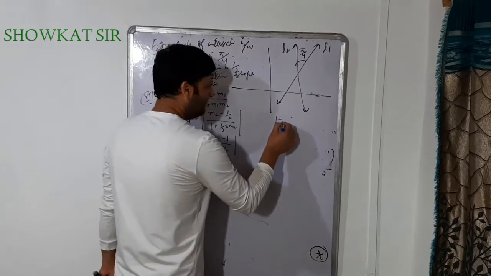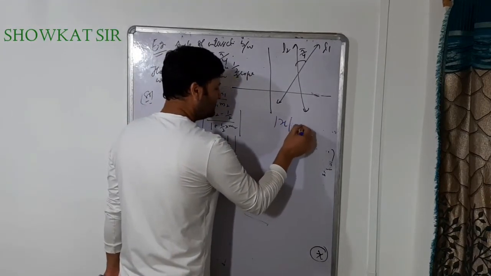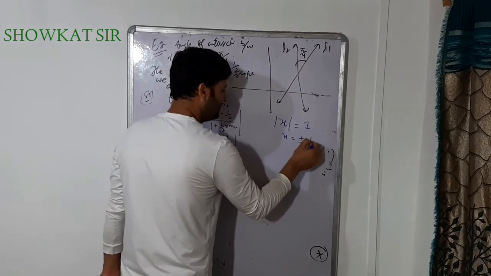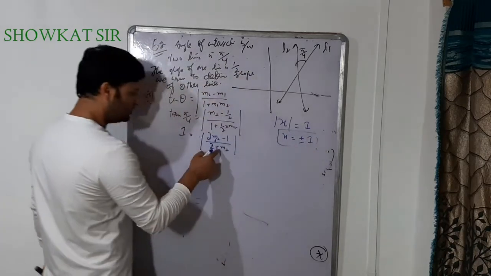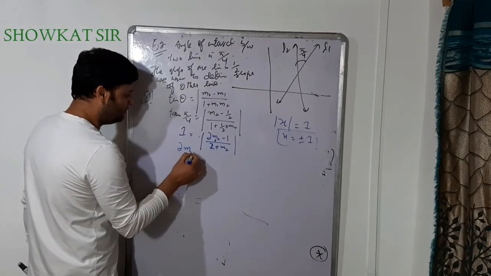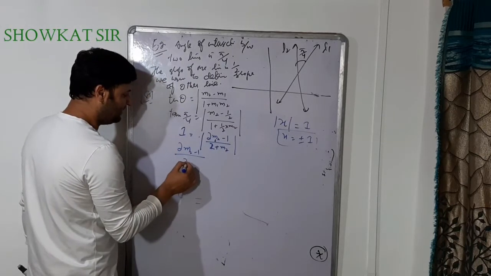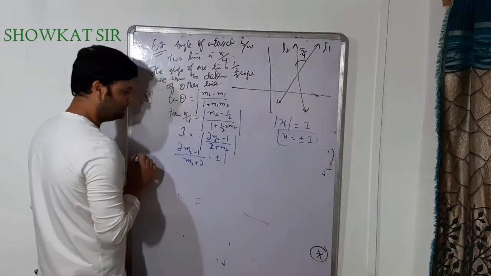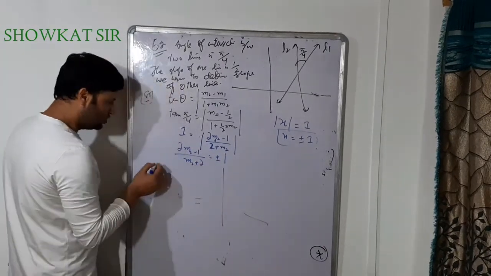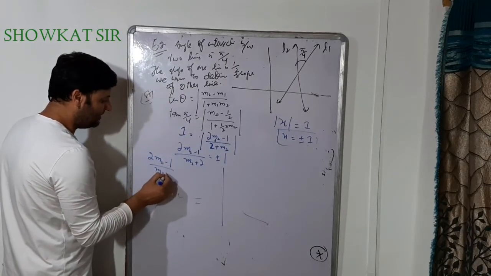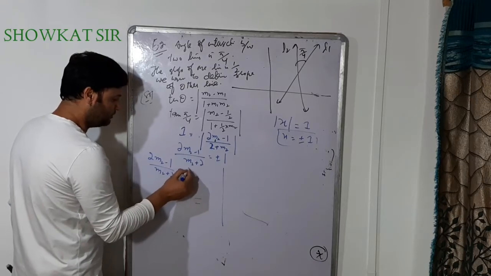Now we know that if the absolute value of x is equal to 1, it means x is equal to plus or minus 1. So the absolute value of this expression is 1, which means 2m2 minus 1 divided by m2 plus 2 is equal to plus or minus 1. So taking the positive value, you will get 2m2 minus 1 divided by m2 plus 2 equal to plus 1.